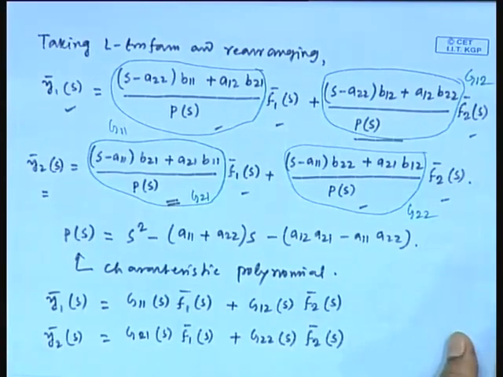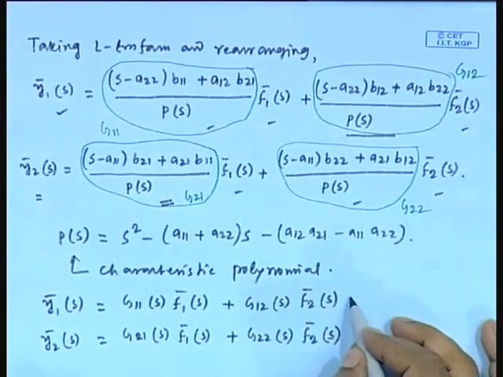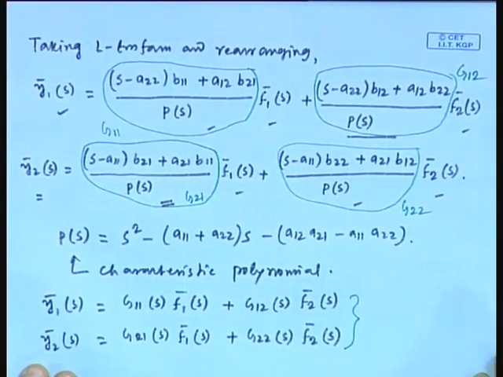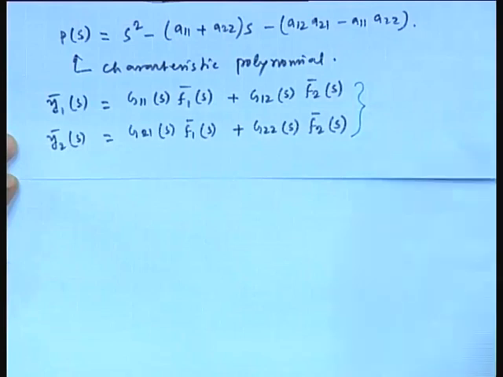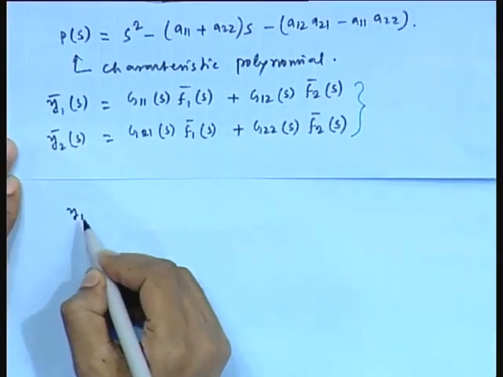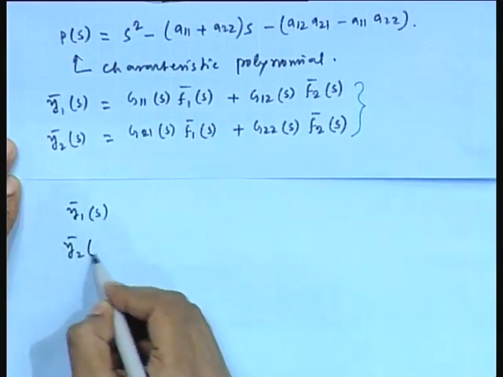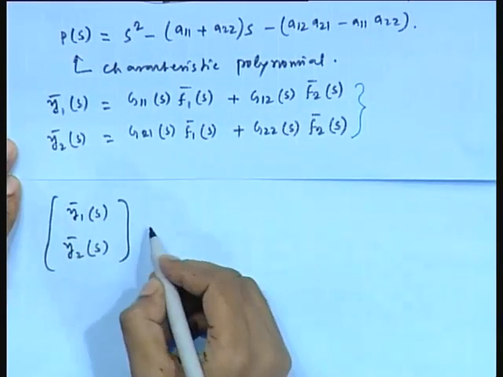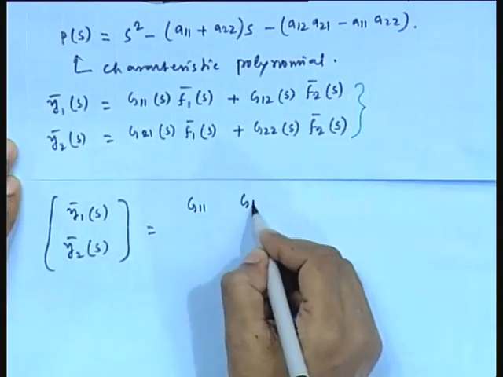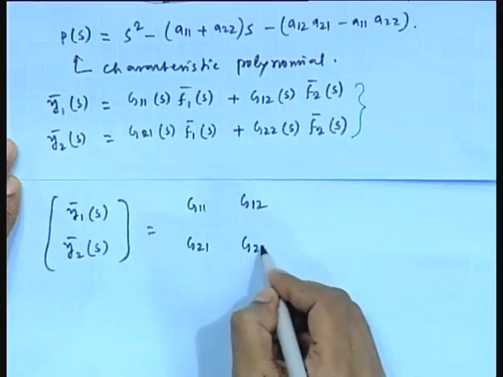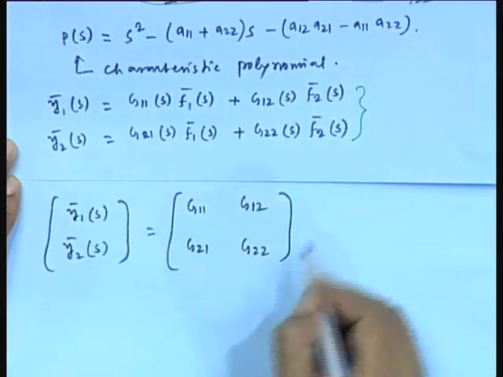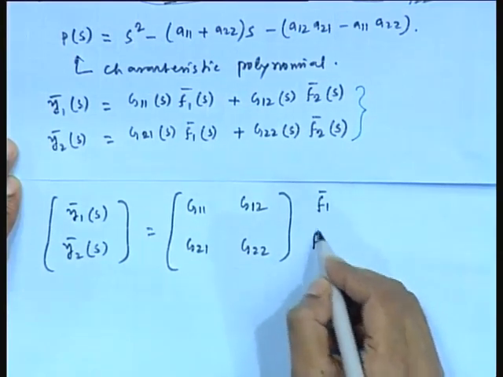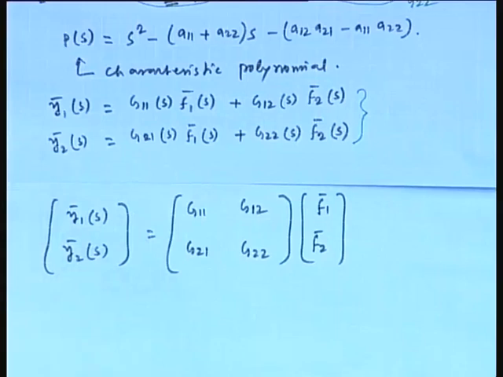So, 4 transfer functions are involved, and we can represent the final expressions in matrix form: [y1 bar s, y2 bar s] equal to the matrix g11, g12, g21, g22 multiplied by the matrix of the 2 input variables f1 and f2. Fine. So, this is about the derivation of transfer function for the MIMO system.